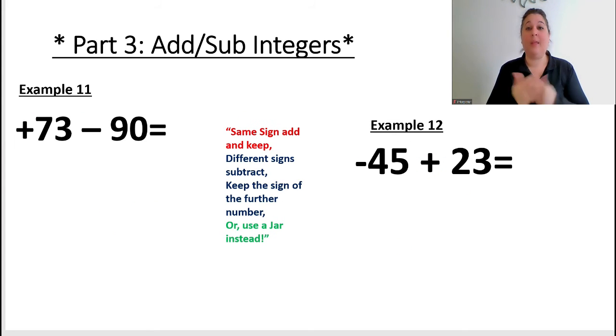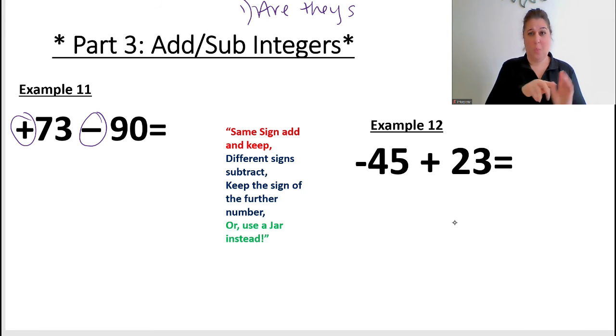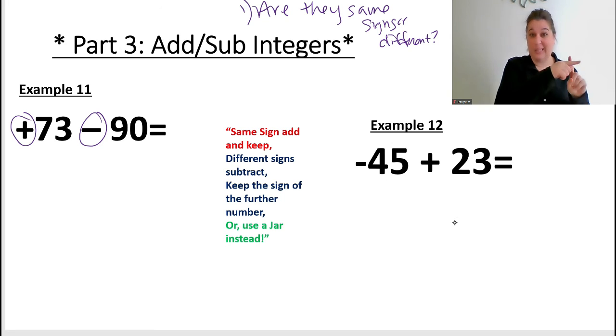All right, one last one for practice. Go ahead and press pause and then come back when you're done. All right, so let's go ahead and try this one out. Are they the same signs or are they different? Always ask yourself, are they the same signs or different? They're different. One's a positive and one's a negative.